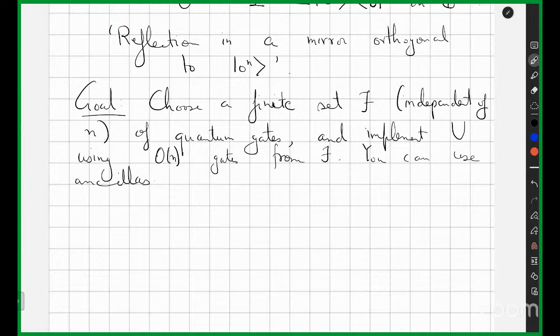This should be really easy. What is the matrix of this gate? Yeah, it's minus Z, not Z. But for us, phase doesn't matter, right? So you can as well think of it as Z. So essentially this is the same gate as Z if n is equal to 1. So at least let's keep Z in our set. So at least the n equal to 1 case is solved.